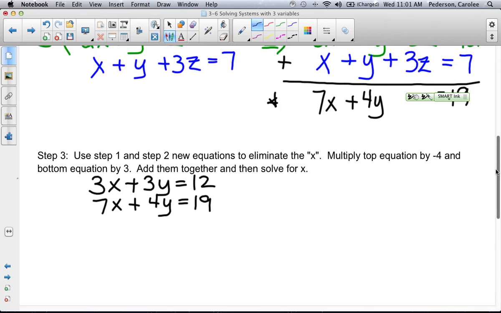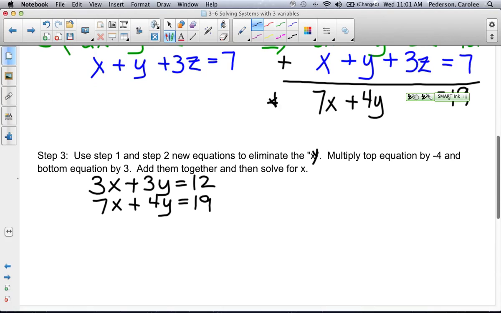Now we're going to use step 1 and 2, which we just did, and we wrote them down, and we're going to eliminate one of the variables. We're going to eliminate the y variable, excuse me.